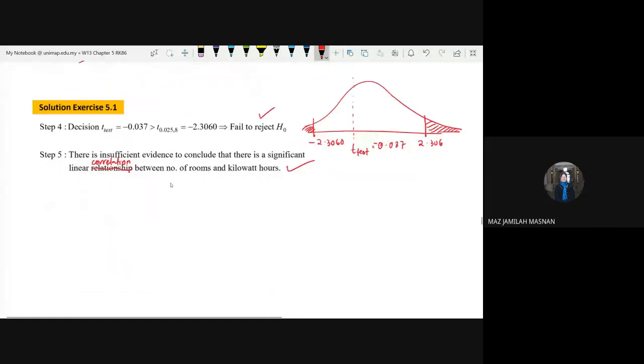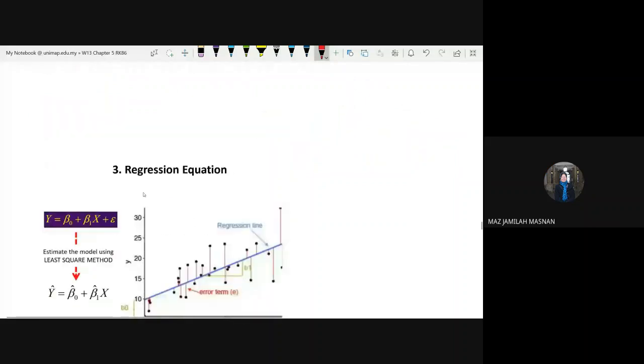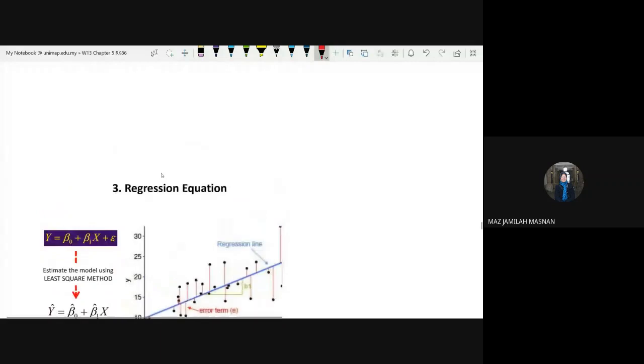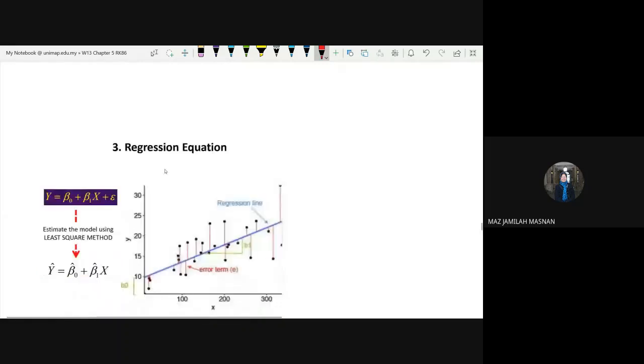Okay, thank you. Now we go to the third part, that will be the regression equation. I hope by now you can collect piece by piece. When we began with the concept in the last class, theoretically, what is the simple linear regression? How is the simple linear regression measured?